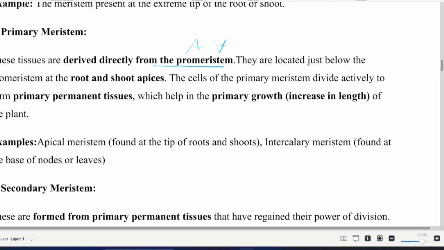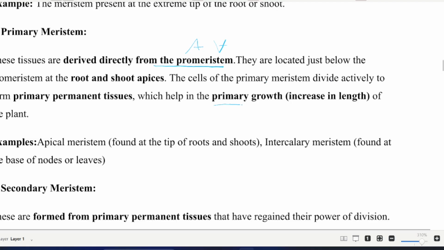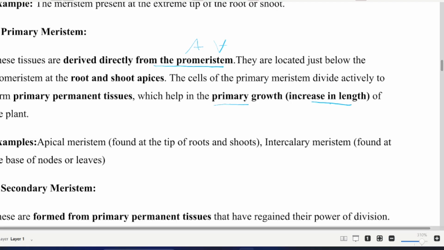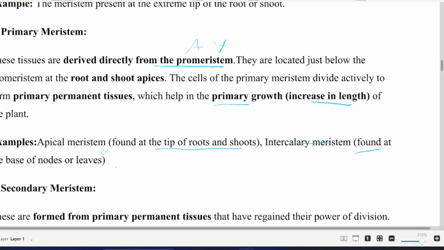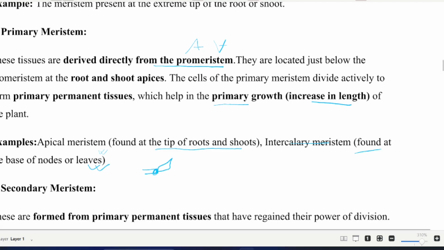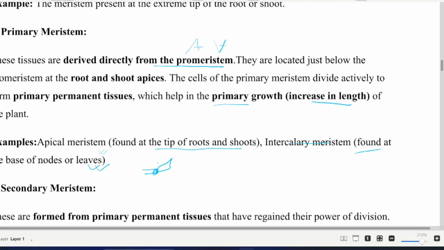The cells of primary meristem divide actively to form the primary permanent tissues, which helps in the growth, that is increase in the length of the plant. Examples of the primary meristem: the apical meristem, found at the tip of roots and shoots, and likewise the intercalary meristem, found at the base of nodes or leaves.